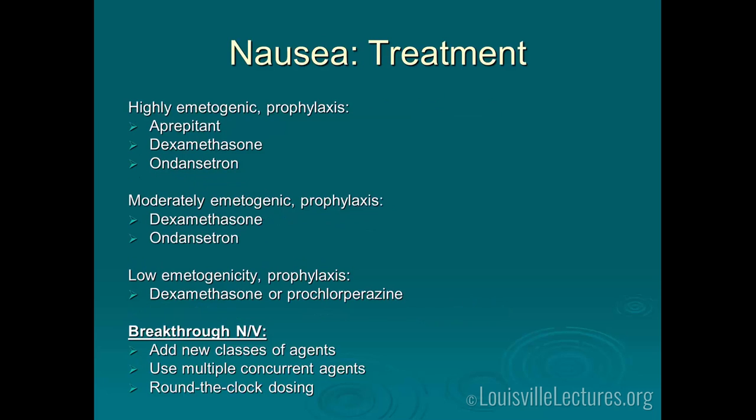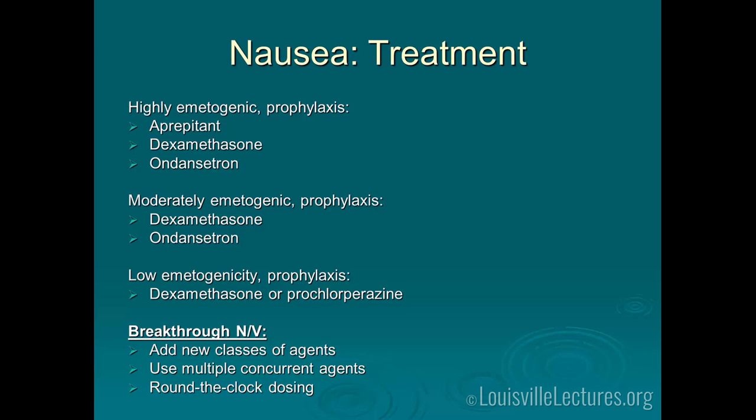And by good prophylaxis regimen, I mean 3 antiemetic agents for prophylaxis. Most patients fall into this category, moderately emetogenic, and a steroid and ondansetron or Zofran is adequate prophylaxis. So for most patients getting chemo, you probably can't go wrong if you put them on dexamethasone and ondansetron.